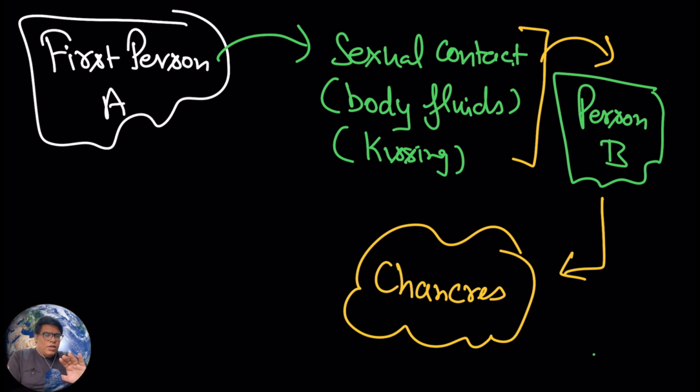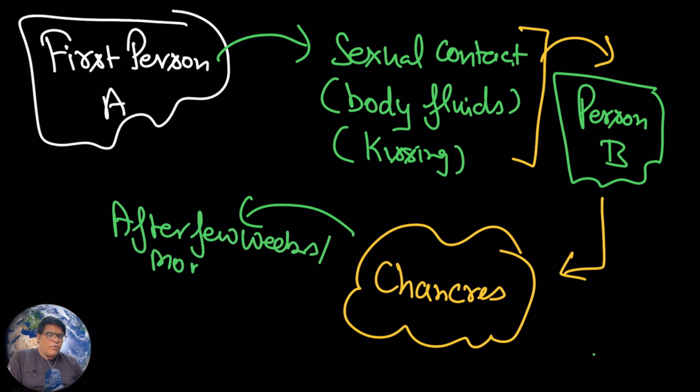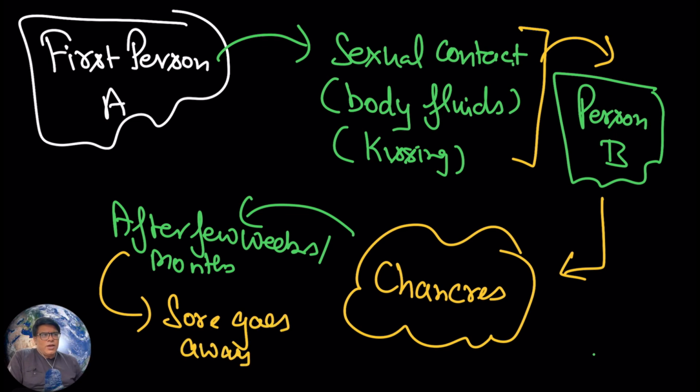Now in person B also, you are going to see the formation of syphilis chancres. Initially there will be formation of syphilis chancres, but after a few weeks or months, they are going to heal. The sore will just go away, and the person will think that everything has healed and there is no problem, but actually that is not the case.